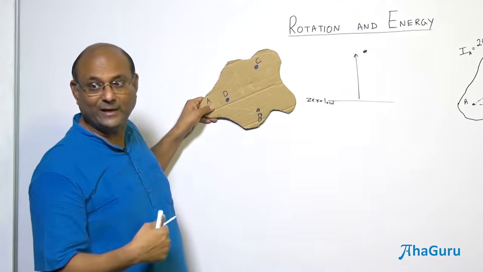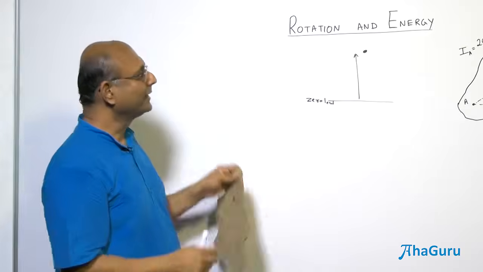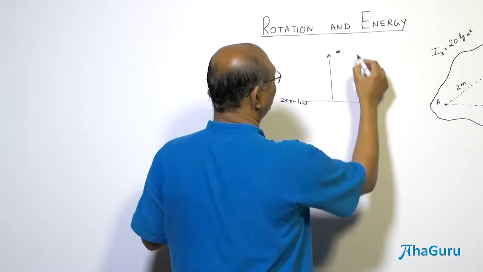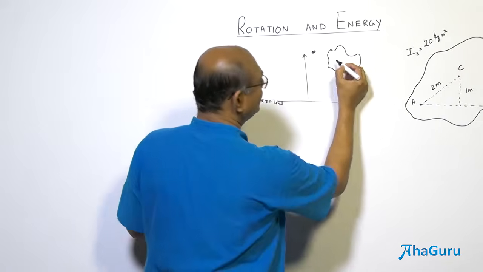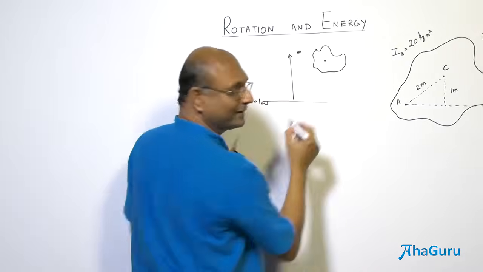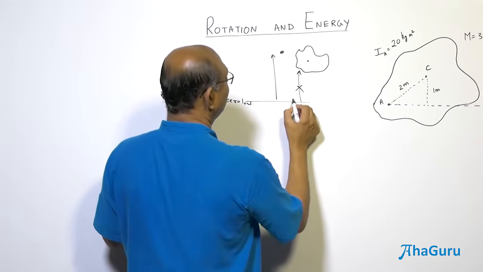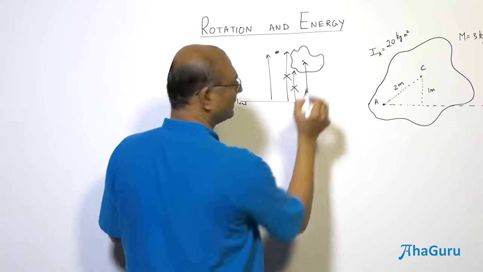So what point should I take? I should always take the center of mass. So when you are doing a bigger object, suppose I had an object looking like that, and let us say its center of mass was that point, you should not take this height. You should not take that height. You should take this height.